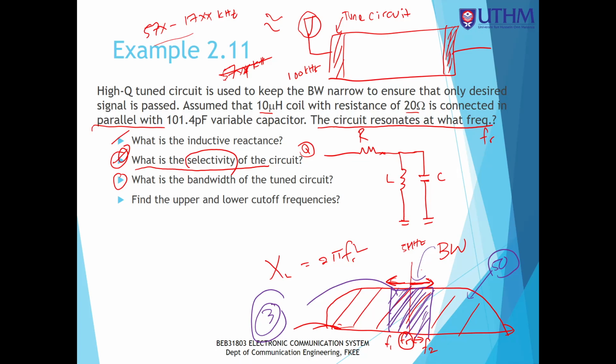When we want to do the demodulation process, we will demodulate only a single frequency band. In your syllabus, we only demodulate a single frequency band. So we will see about this later. So the purpose of a tune circuit is to limit the bandwidth, so that easy to do the next process.